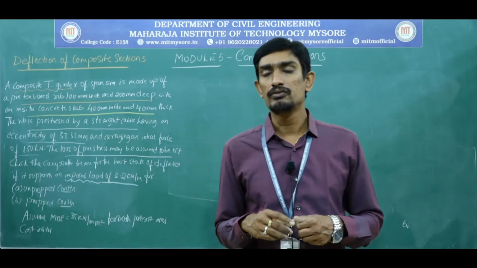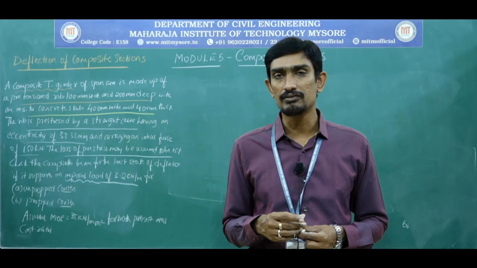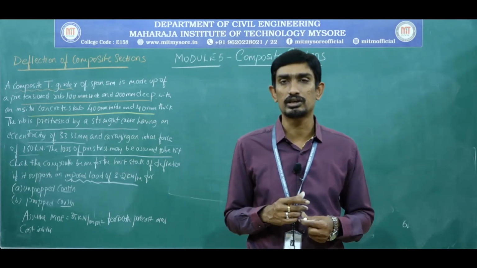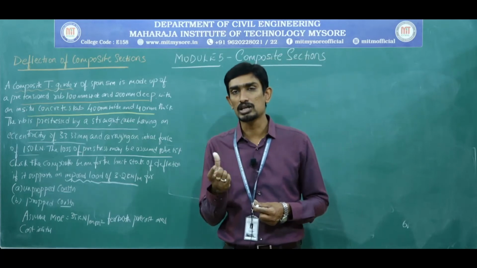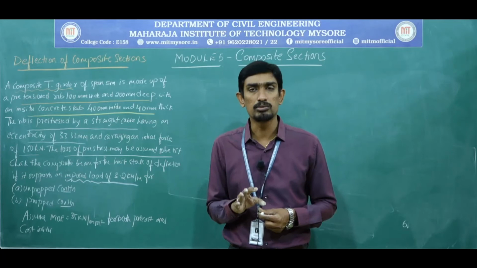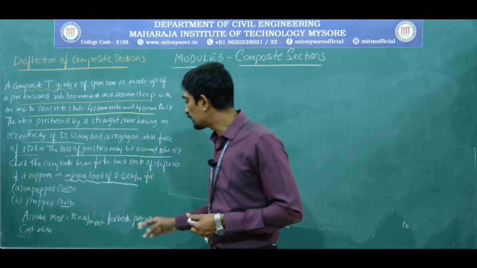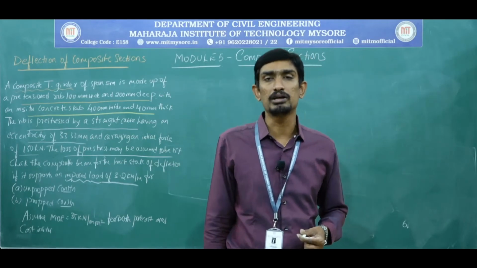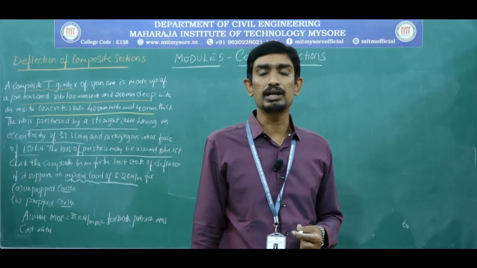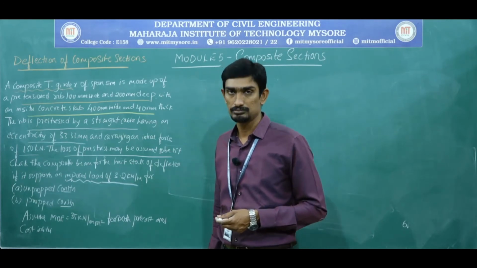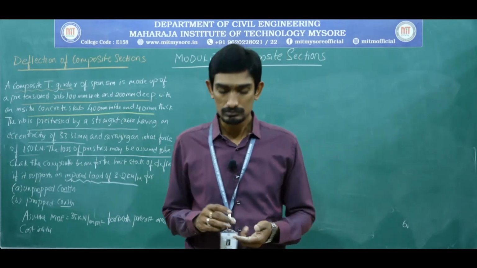Even if you pour the concrete, because the manufacturing process differs, the modulus of elasticity will also differ, so the problem will also vary. Now in this particular case, modulus of elasticity is 35 kilonewton per millimeter square, both for the precast pre-tension beam and also for the cast in situ concrete slab. That means both are the same.